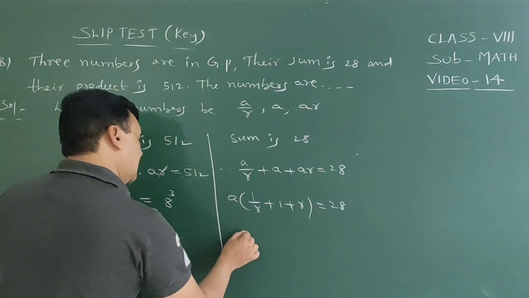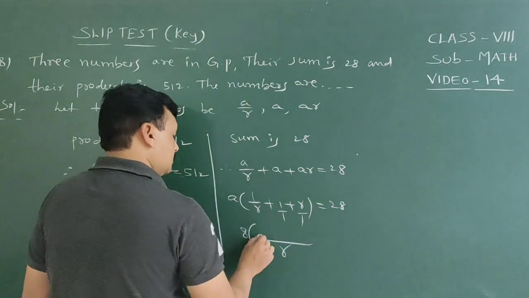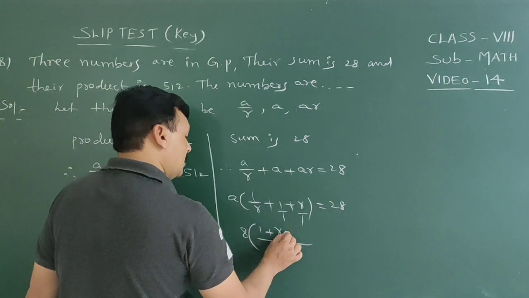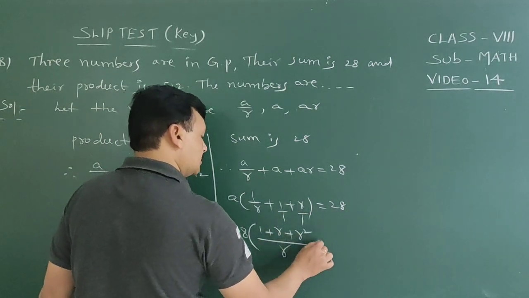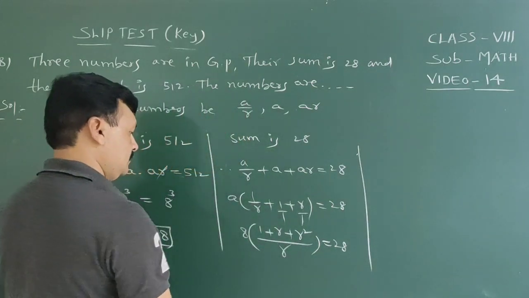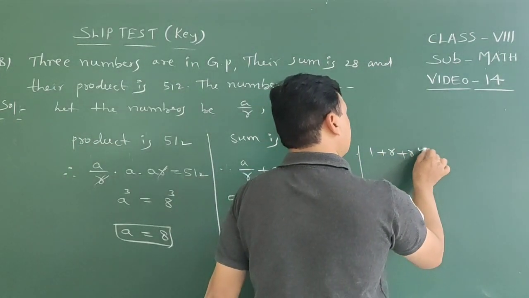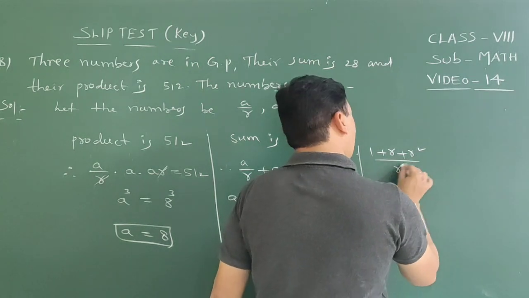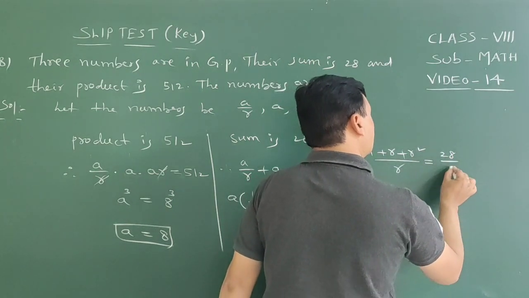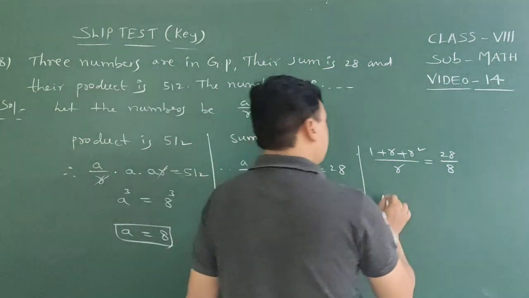Here a means 8. Here LCM r. So 1 plus r square by r. Transfer 8 that side. Here 1 plus r square by r equal to 28 by 8. Here 4 table gets cancelled.